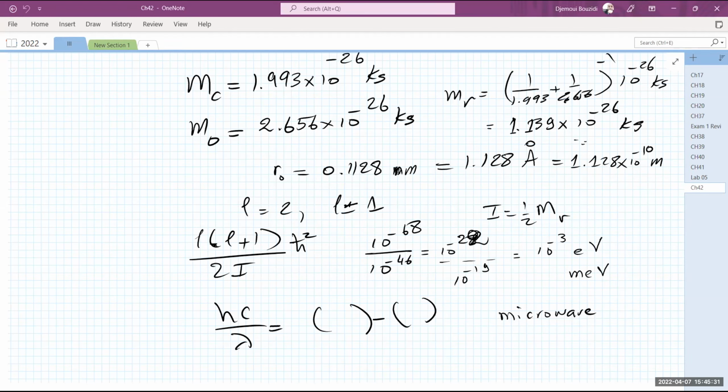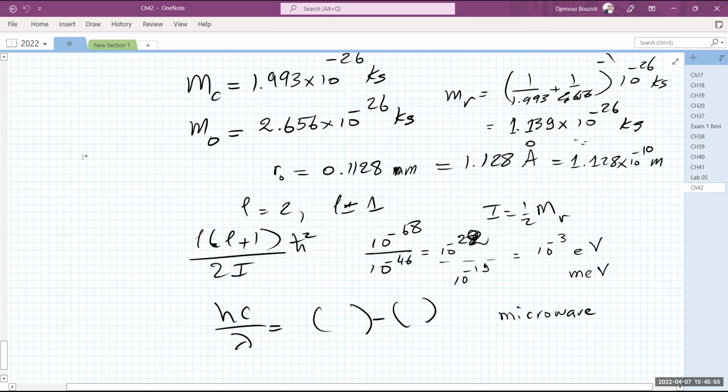So now the follow-up on this example is actually on the next page, page 14. It tells you to consider the molecule from the previous example and find the wavelength of the photon emitted by the carbon monoxide molecule when its vibrational energy changes and its rotational energy is initially 0 and finally 0.